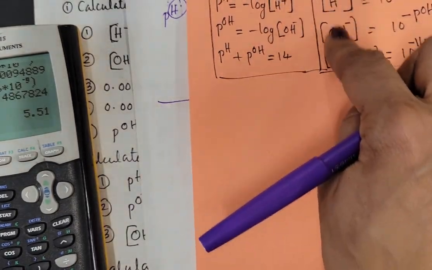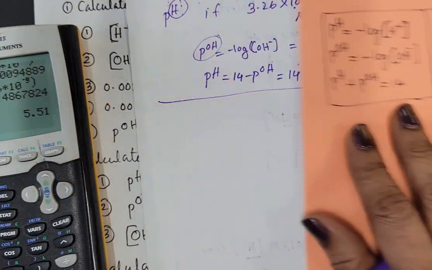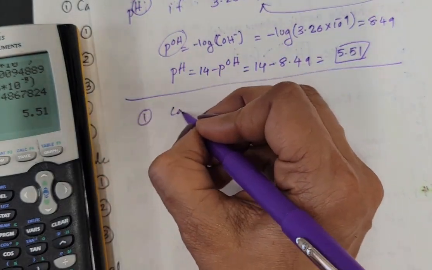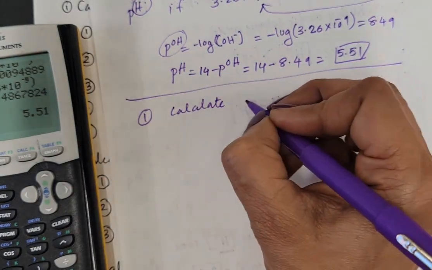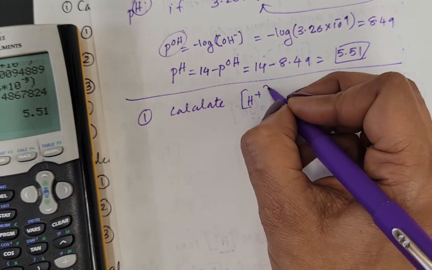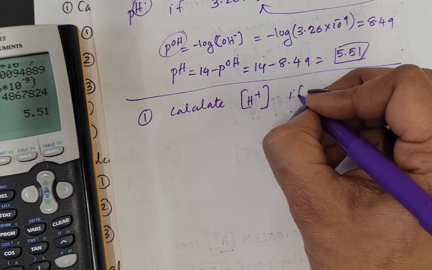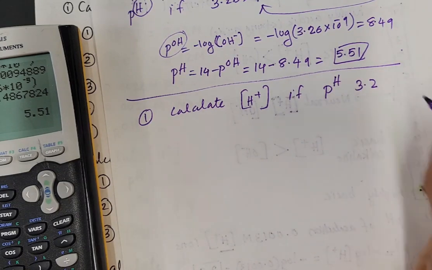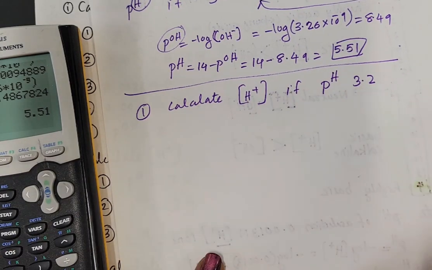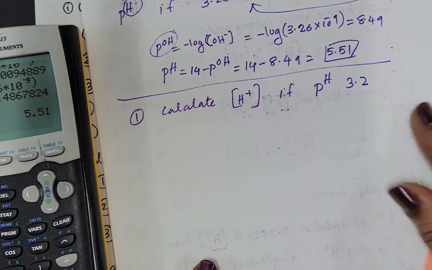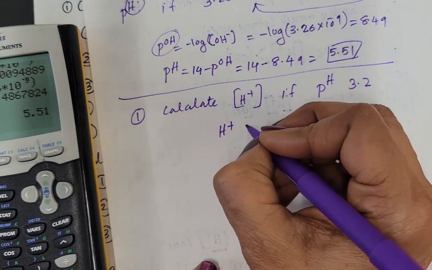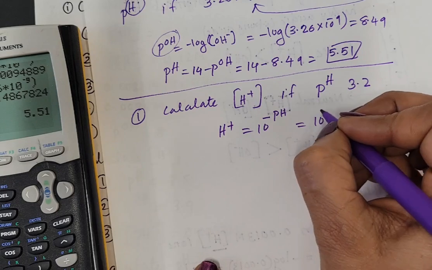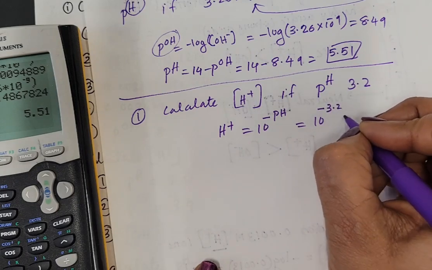Now I will show you how to use this equation. Okay, that is going backwards. Question. Calculate H plus ion concentration if pH equals 3.2. Okay, that means you are going backwards. H plus is equal to 10 to the power of negative pH, which is 10 to the negative 3.2.